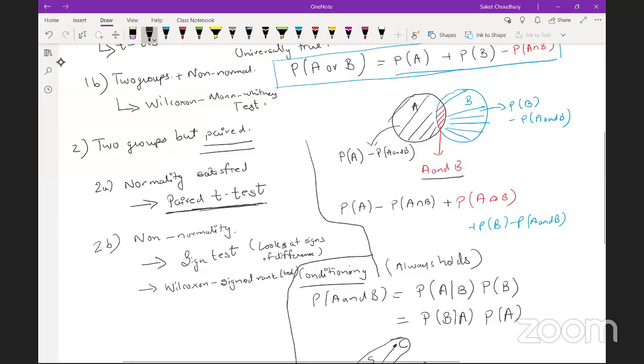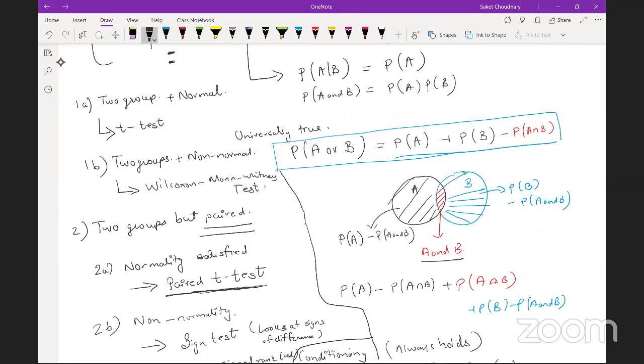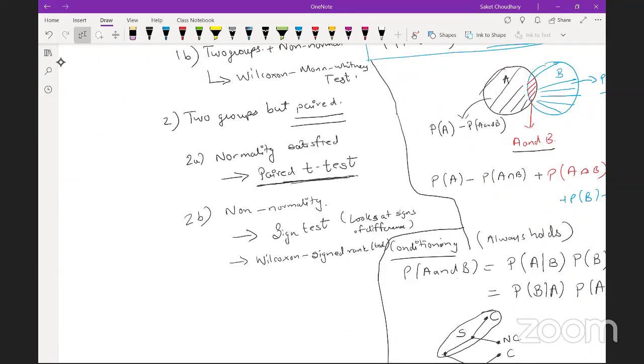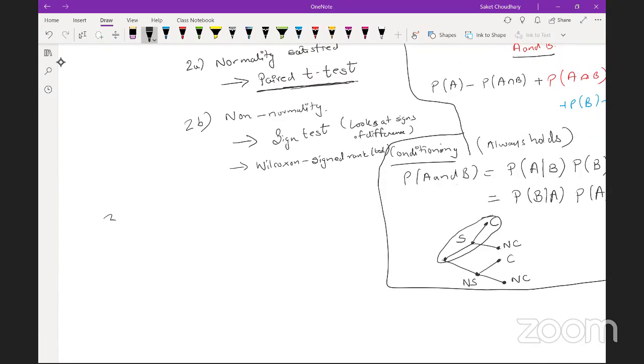We then proceeded, and we expanded our groups to three or more groups. All this while, what we had studied was essentially motivated by our ability to test between two groups. Now, however, we landed up with three or more groups.